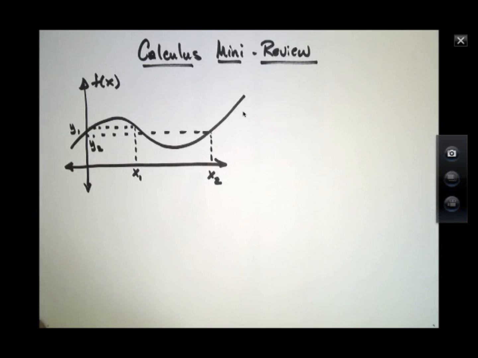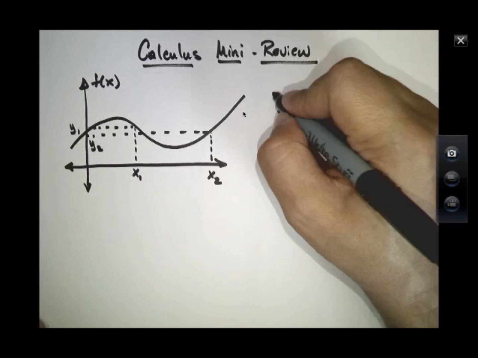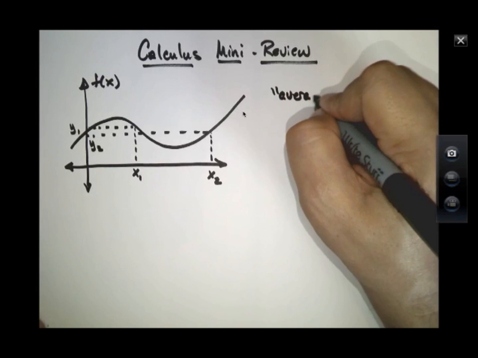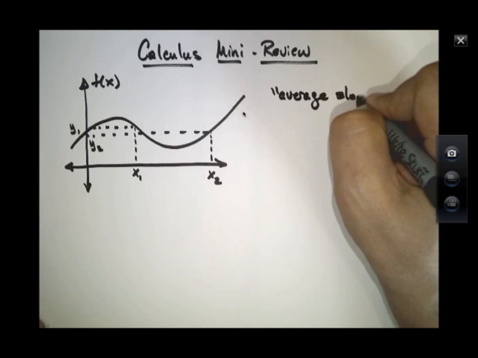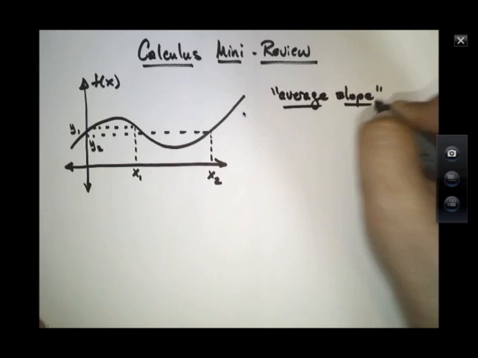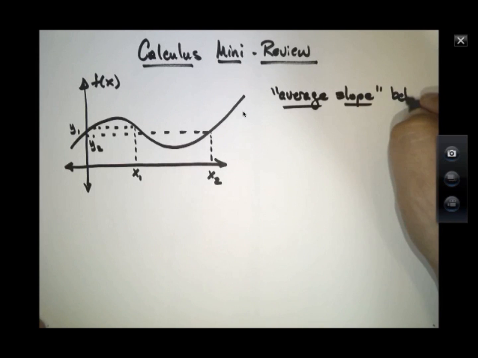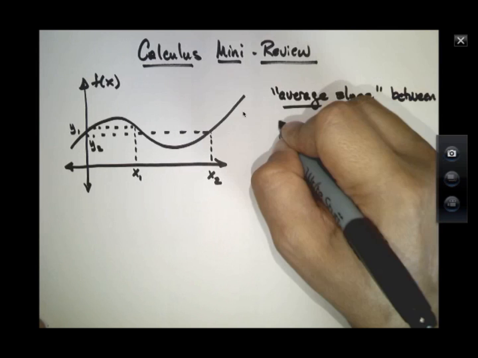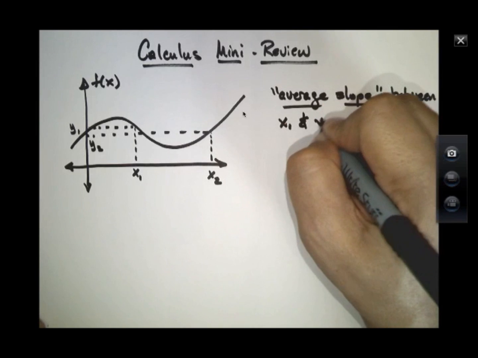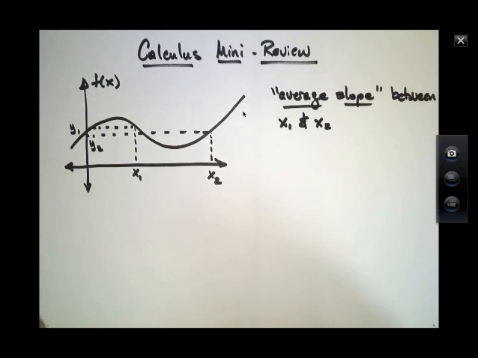And we can talk about what's sometimes called the average slope. This is always defined over a range of x values.